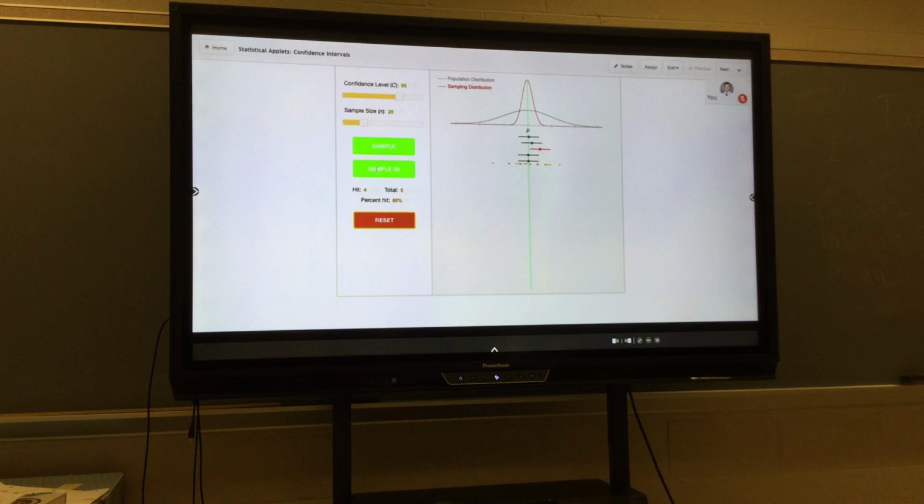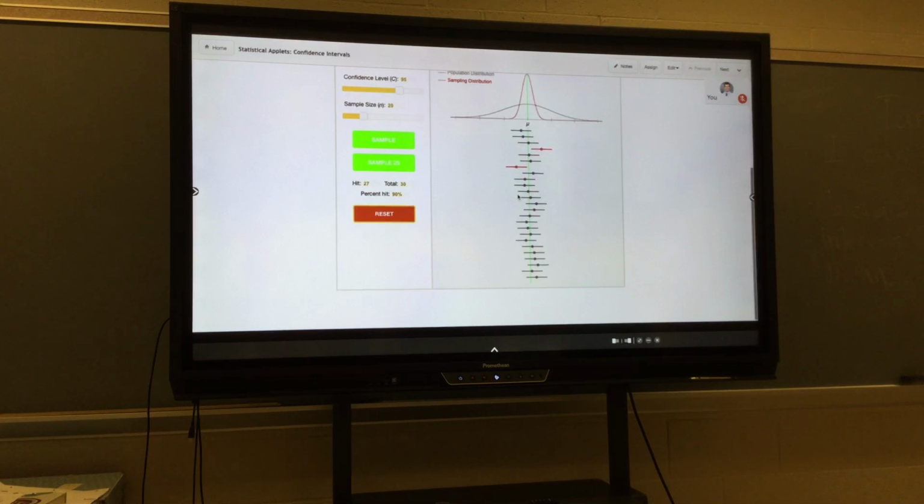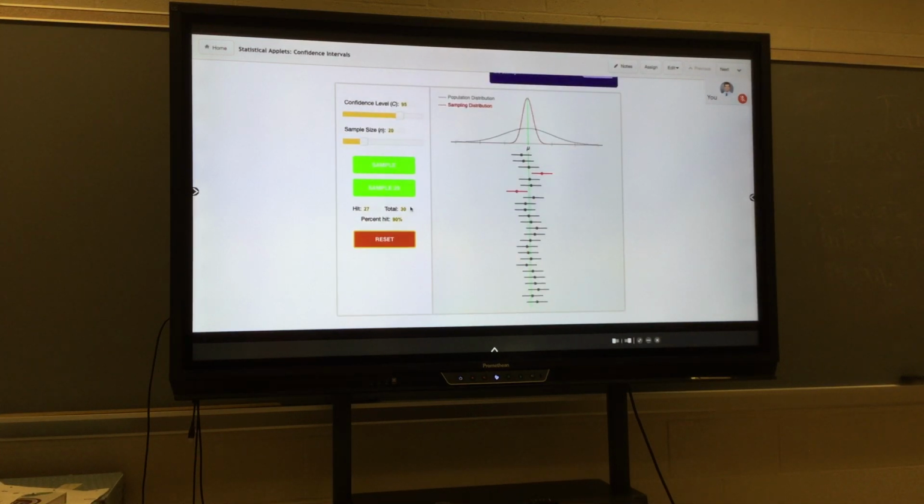Let's take 25 samples at once. Okay? We missed on another, and we missed on another. So we've missed 3 of our 30. So we're 90% right now. Take another 25. Okay? We've missed a few more. But we know, law of large numbers, this is meant for the long run.